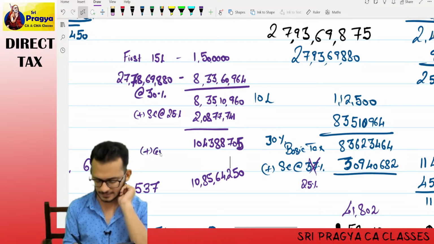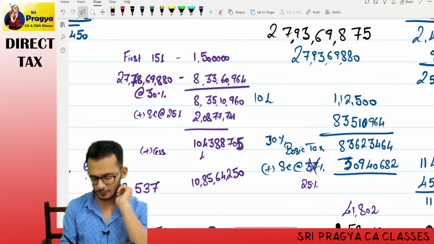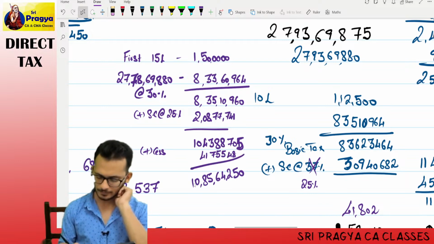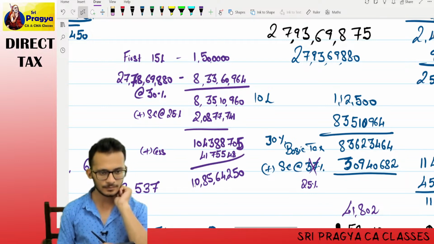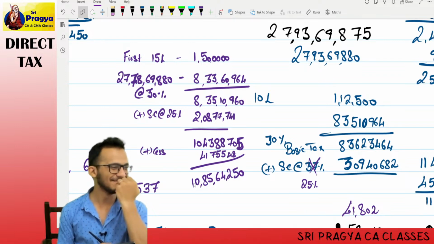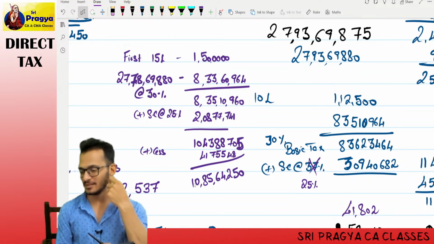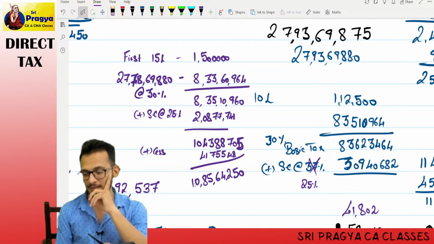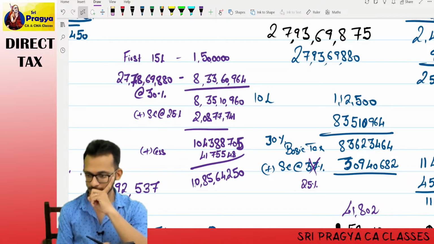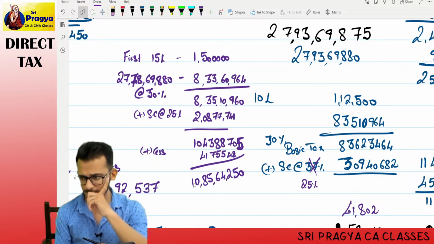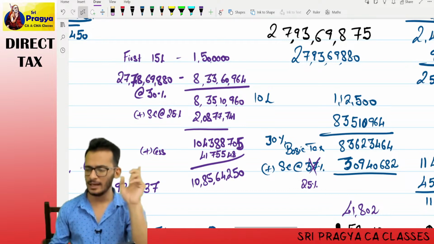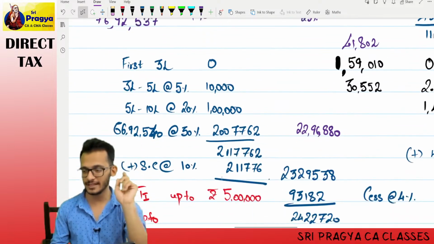Add the cess number. 4,17,554 total. Check the numbers. Where did you go wrong, Lakshmi? I think you would have made the same mistake in the last case also. Just check it once, okay?